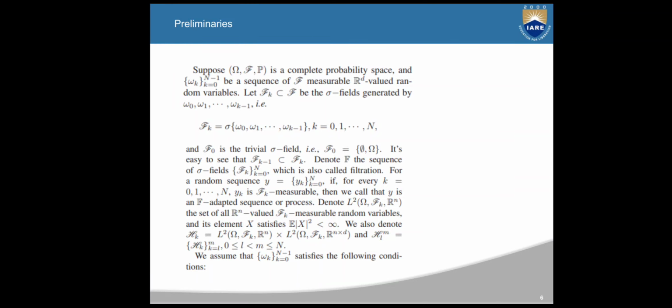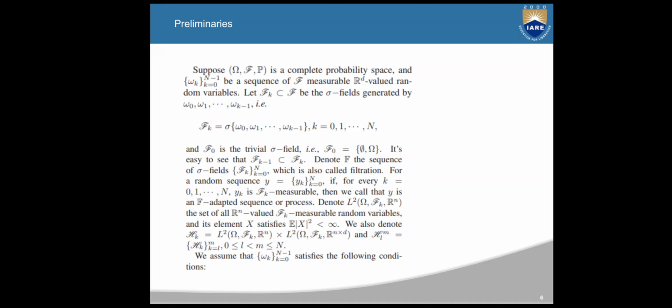Suppose (Ω, F, P) is a complete probability space and (Wk) is a sequence of measurable valued random variables. Let Fk be the sigma fields generated by W1 up to Wk, with F0 the trivial sigma field. It's easy to see that (Fk) is a sequence of sigma fields, which is also called a filtration for a random sequence.